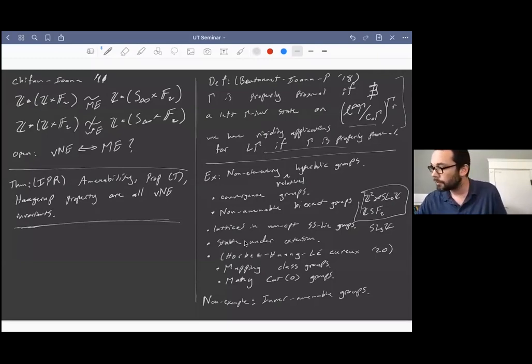But here, since we're looking at only the right invariant functions on this quotient space, the conjugation action is the same as the left action. So if you even have a conjugation invariant mean on L infinity, then in particular you have a left invariant mean when you restrict it to the right invariant functions, and hence you're not properly proximal. So inner amenable groups are not properly proximal.